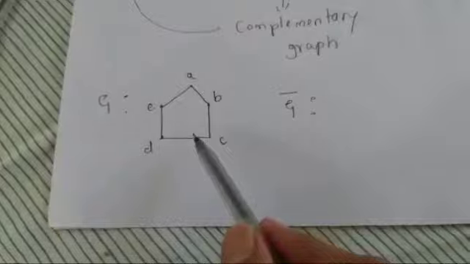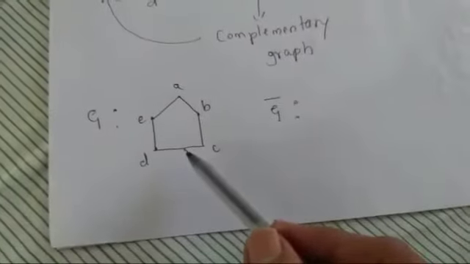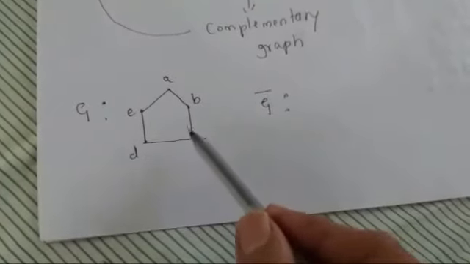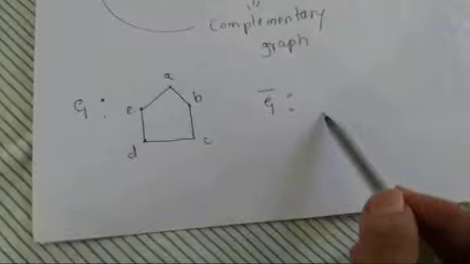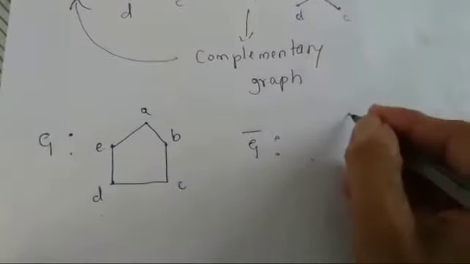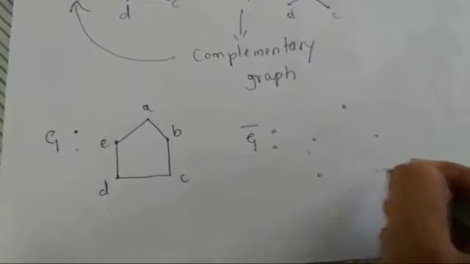To draw a complementary graph of a graph G, first and foremost you need to have the same set of vertices, meaning the vertex set carries over to G bar also. So again I will consider the same set of vertices A, B, C, D and E.